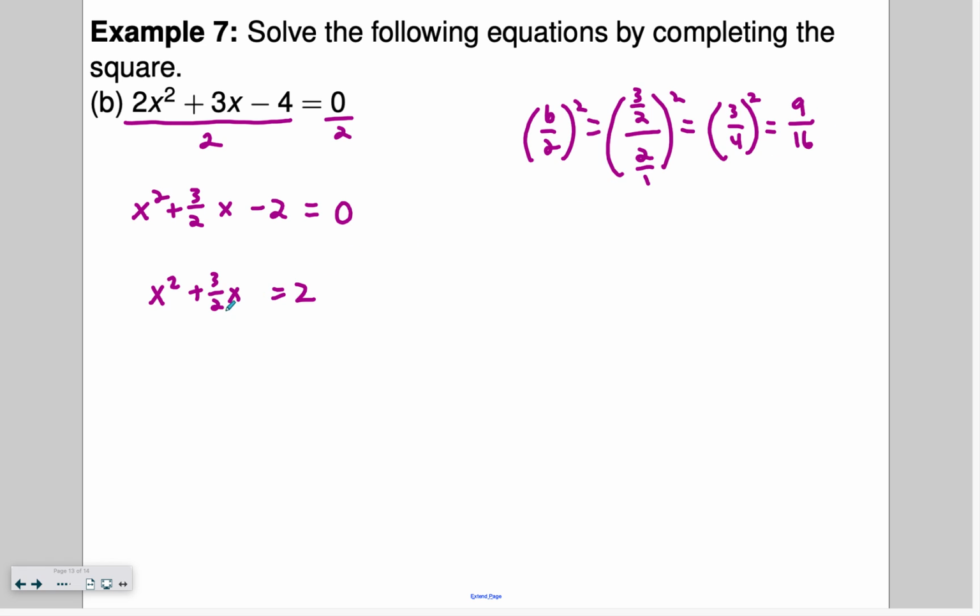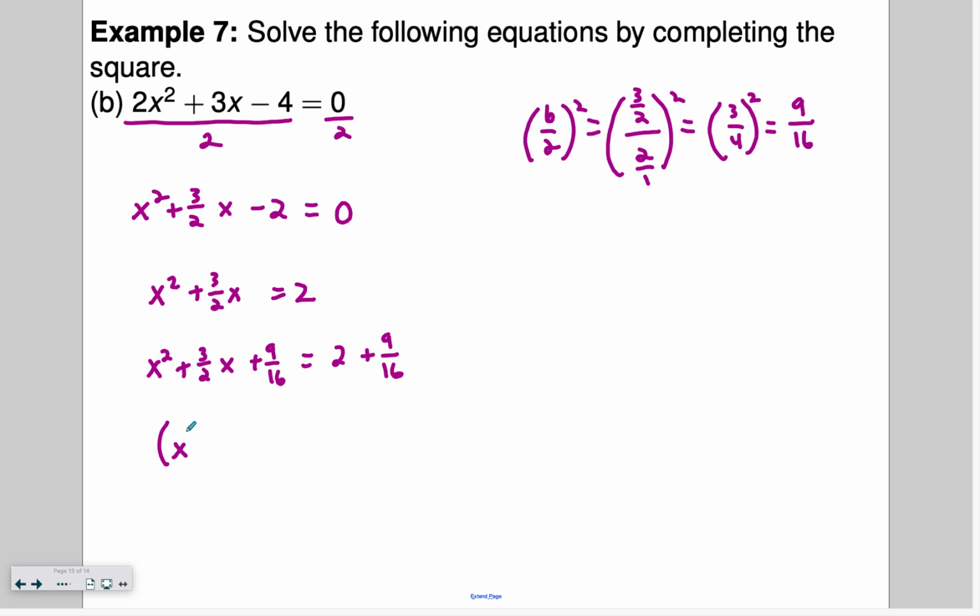16. So we are going to add: x squared plus 3 over 2 x plus 9 over 16 equals 2 plus 9 over 16. Gross, man. Do we want to keep these answers exact? I think I'm regretting my decision.